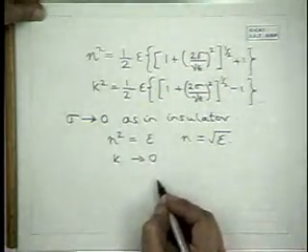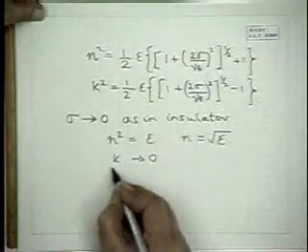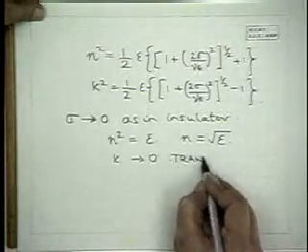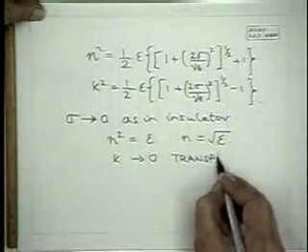Extinction coefficient k tends to 0 means the material is fully transparent, no absorption.